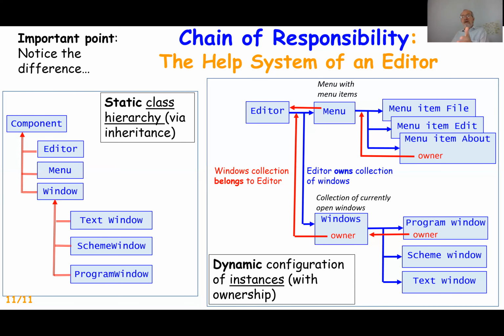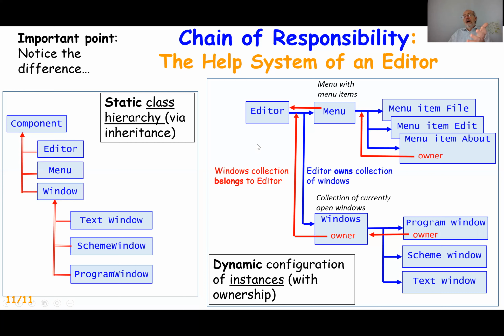Look, here is just the same configuration as on one of the slides before. It shows the dynamic configuration. Here we deal not with classes as on the left side, but with instances of those classes. And these instances are in some relationships with each other.